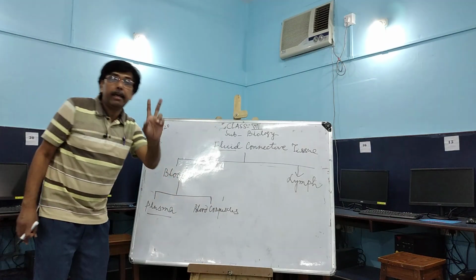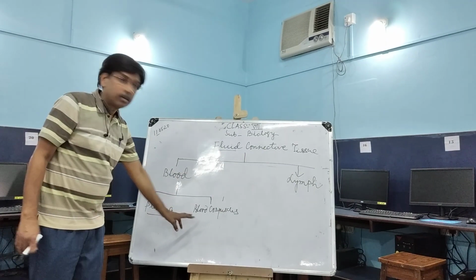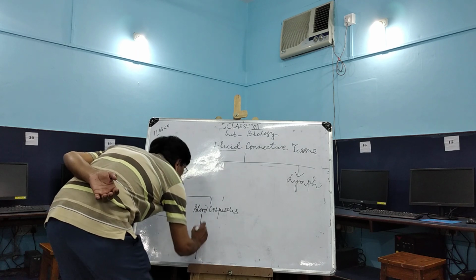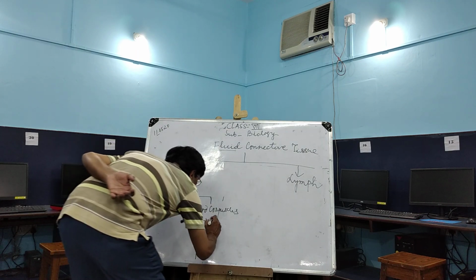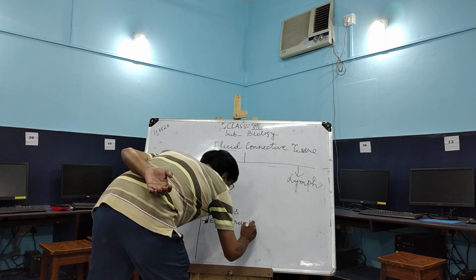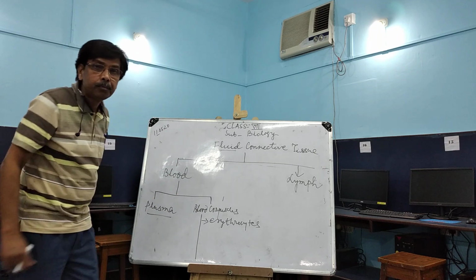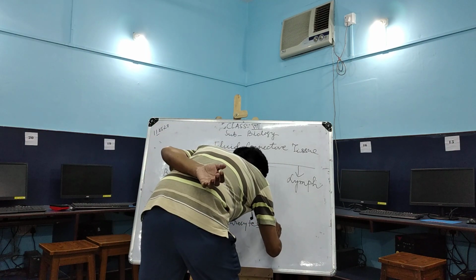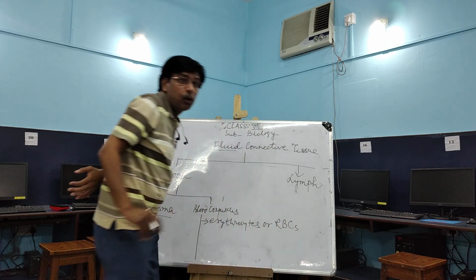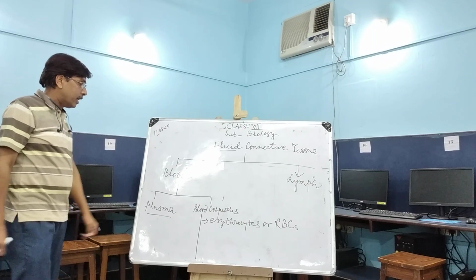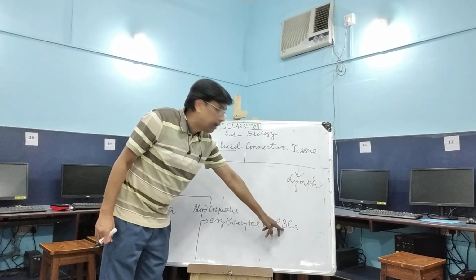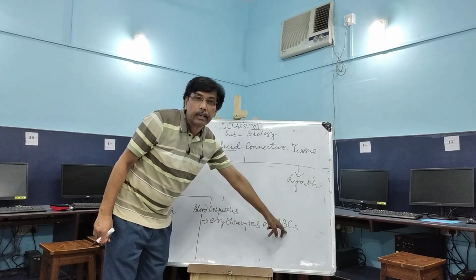There are three types of blood cells found in the plasma. The first one is erythrocytes or RBCs. In class 6, you were taught this in the blood chapter. Erythrocytes or RBCs, the full form is red blood cells or corpuscles.